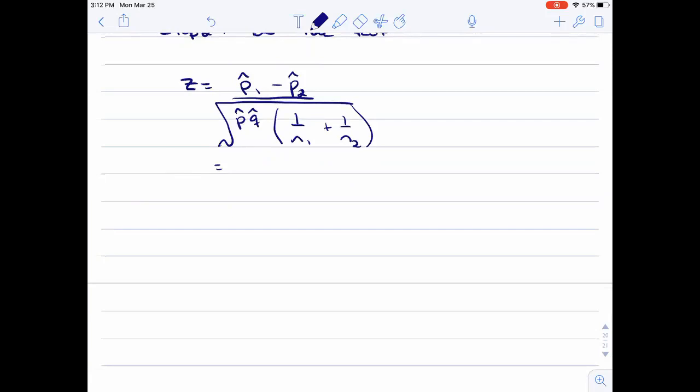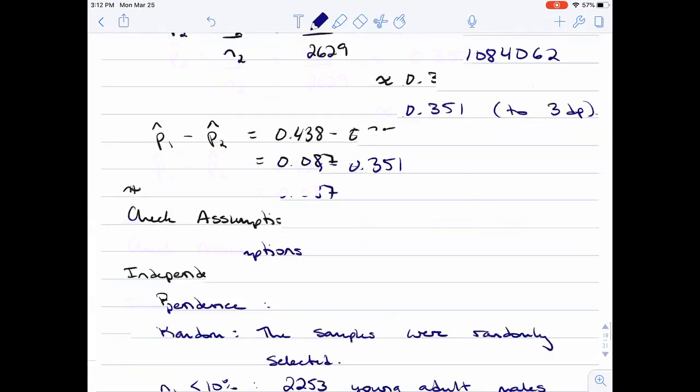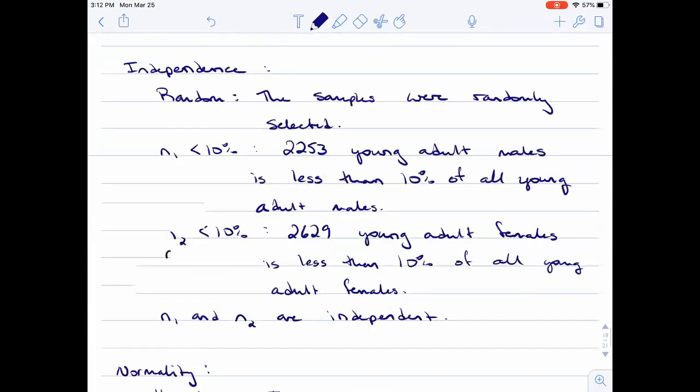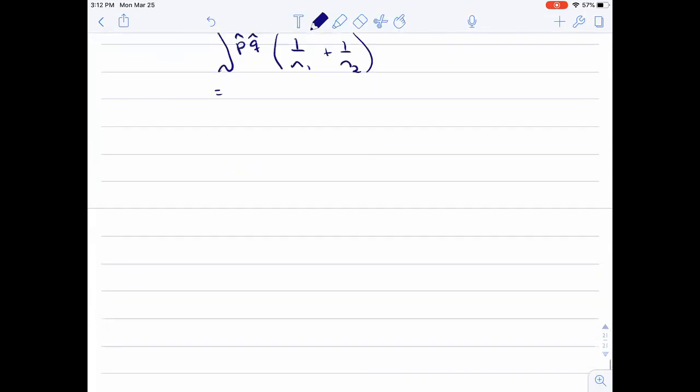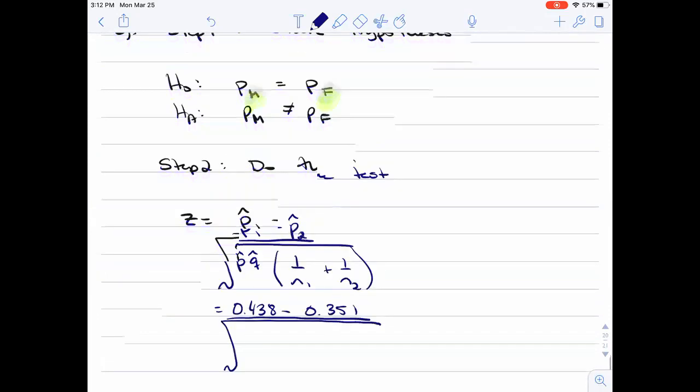So we had, where do I have it here? We calculated it way at the beginning, but I'll just write it out just so we have it, 0.438 and 0.351. 0.438 minus 0.351 over the square root of, is it 0.391?